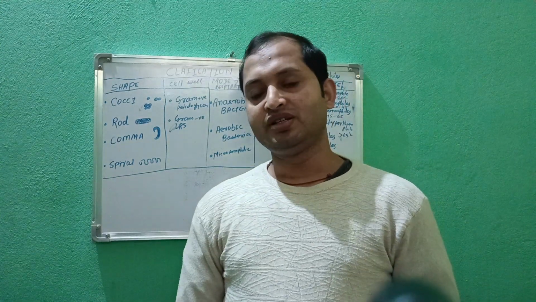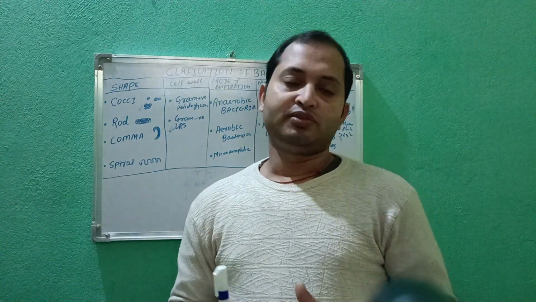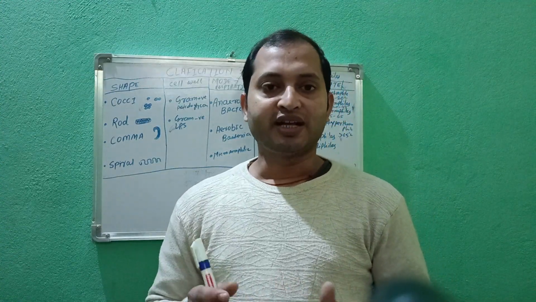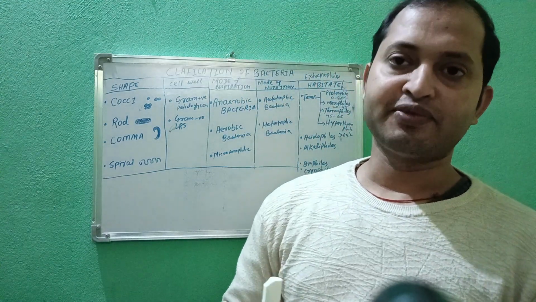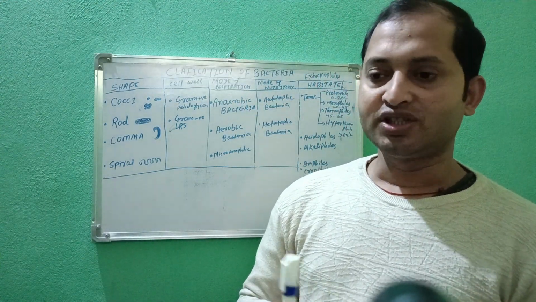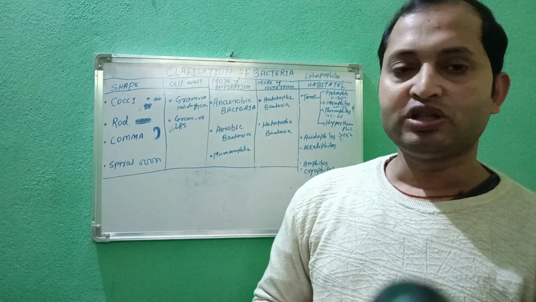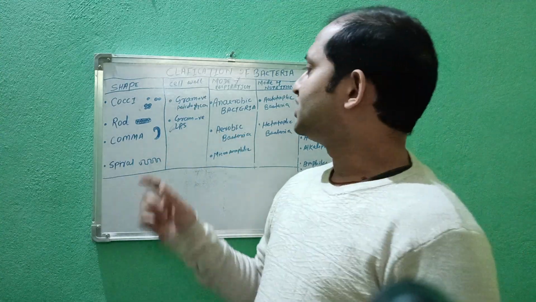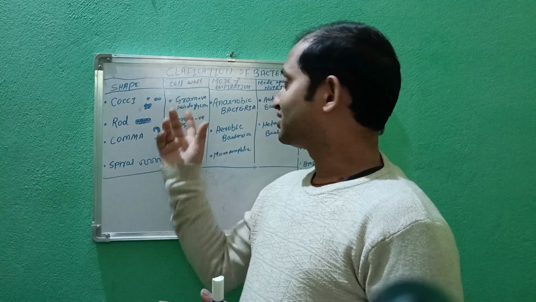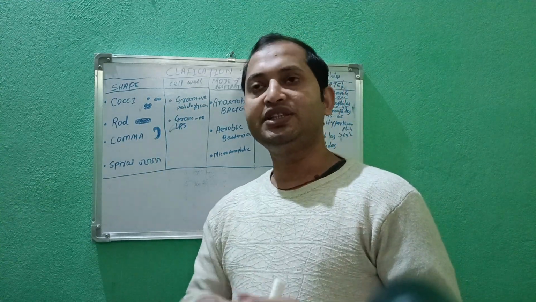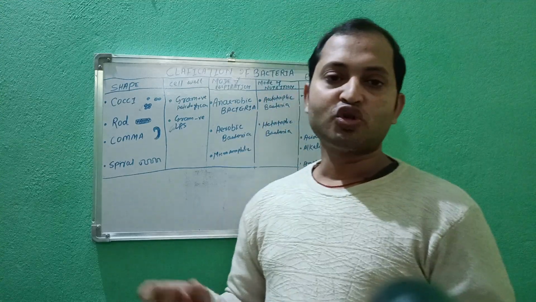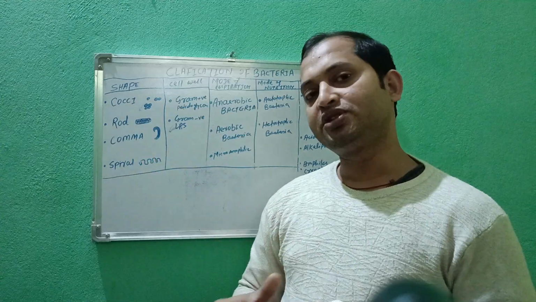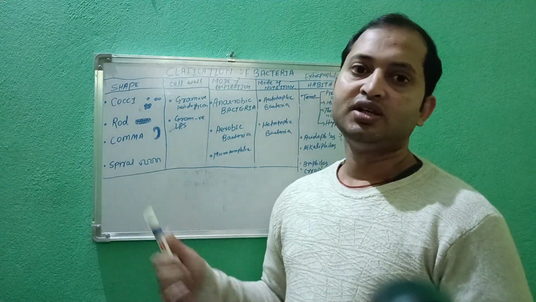On the basis of the cell wall, bacteria are divided into two categories: gram negative and gram positive. These bacteria carry special types of proteins and lipid molecules within the cell wall. Gram positive bacteria carry a unique protein called peptidoglycan, which is very important for the survival of the bacteria.